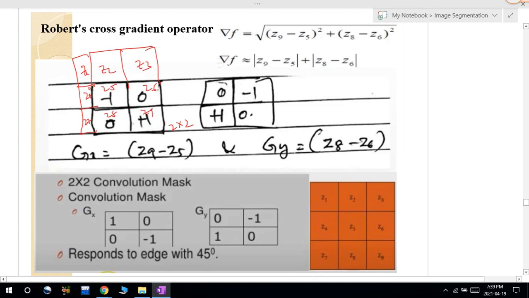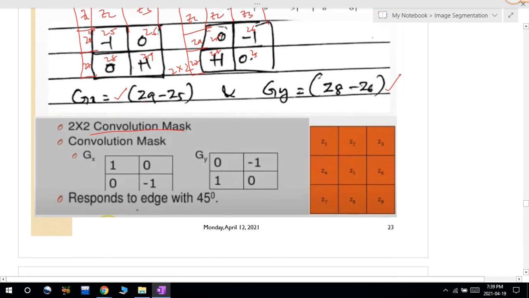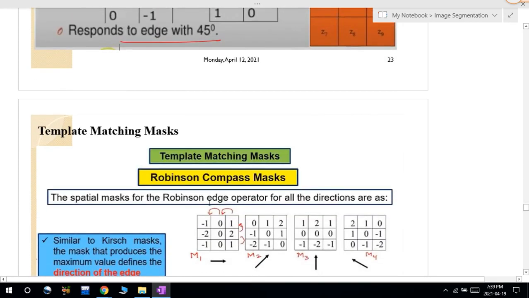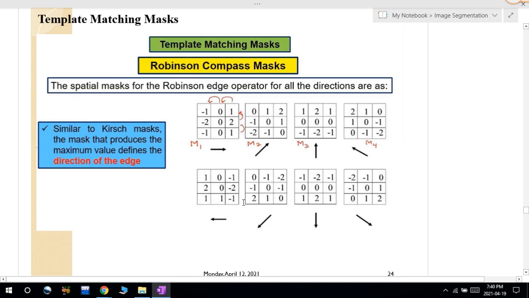So that's why I'm getting Z9 minus Z5 in the gx, and in the other direction I'm getting Z8 minus Z6. So these are the two operators, using only a 2 by 2 convolution mask in the Roberts operator, which is mainly used to find the diagonal edges. So that is your edge operator.